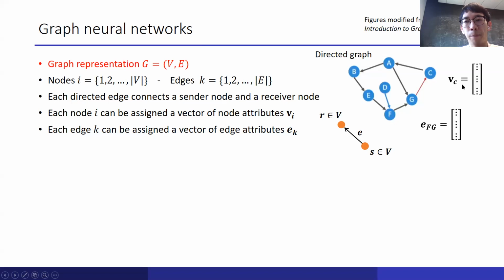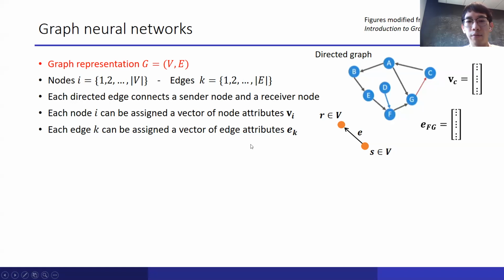In general, the node attributes encode the features of the data, and the edge attributes encode the relationships between these elements. These are some basic notations of the graph, and a graph is used to represent the data.